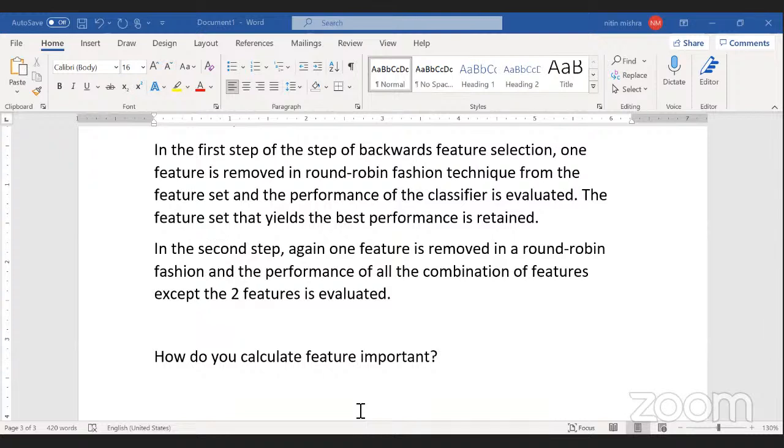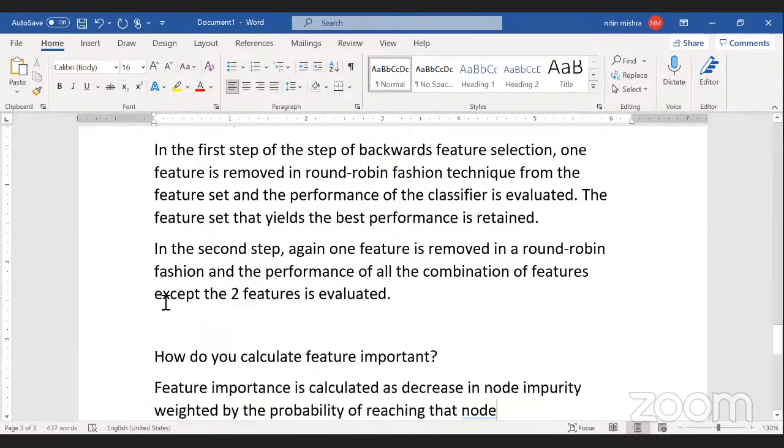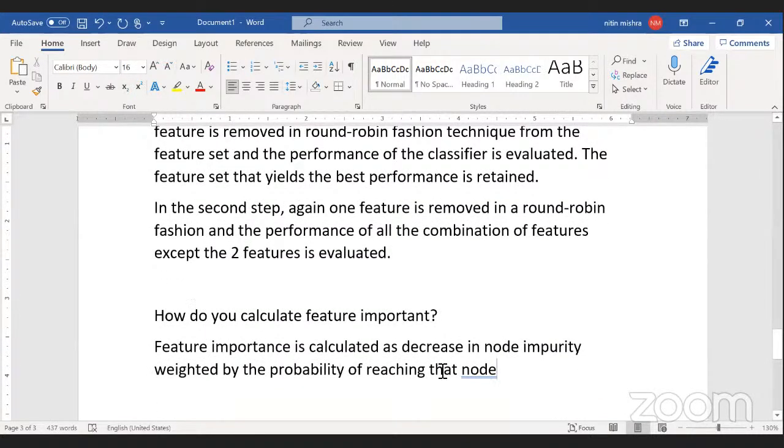All right. Feature importance is calculated as the decrease in the node impurity weighted by the probability for that specific node. All right. So the explanation which you can quote is feature importance is calculated as decrease in node impurity weighted by the probability of reaching that node. That is one method of computing.